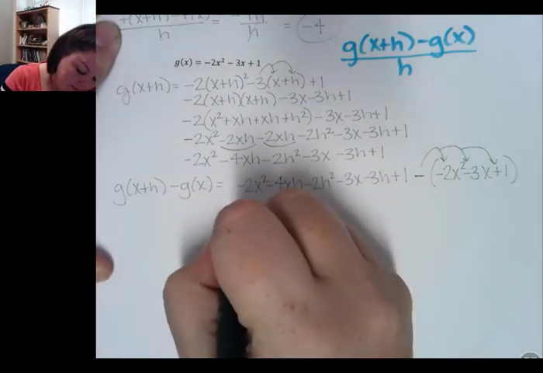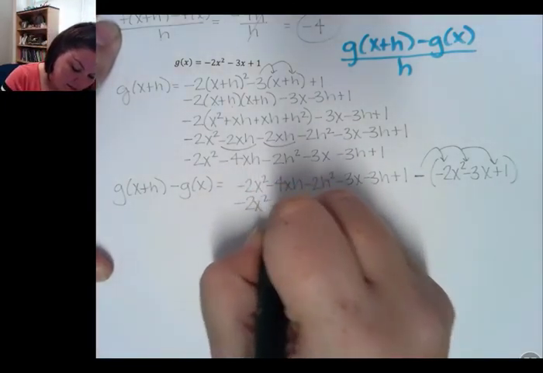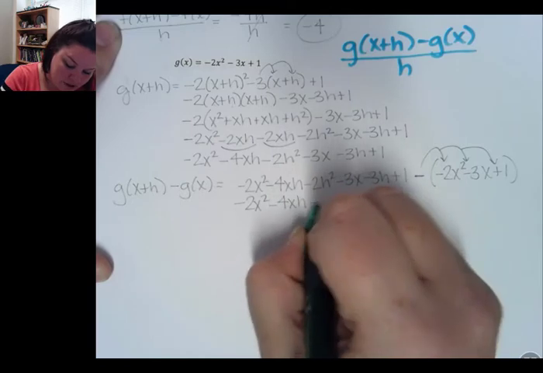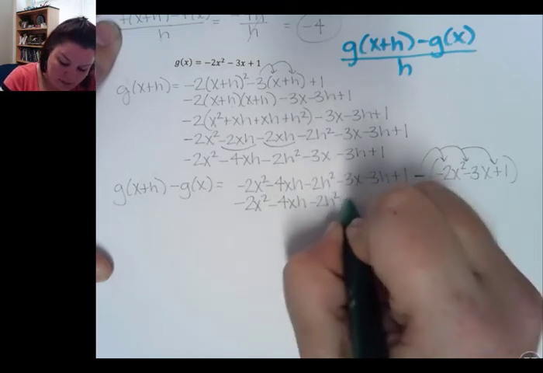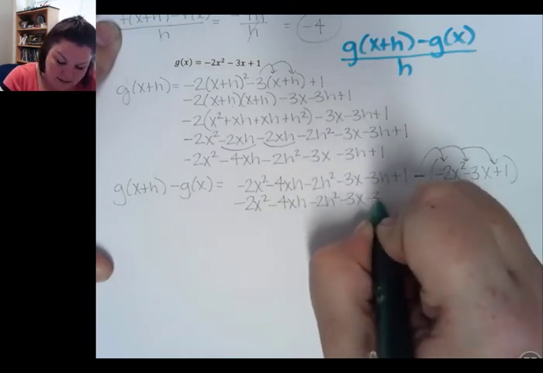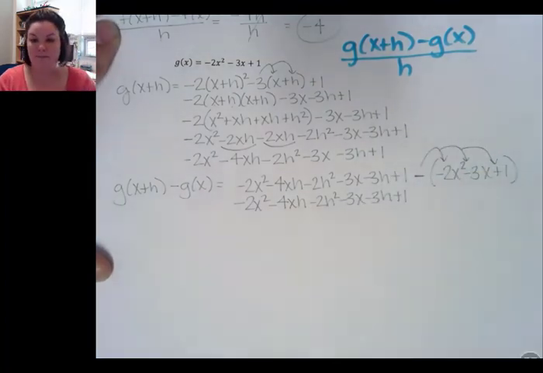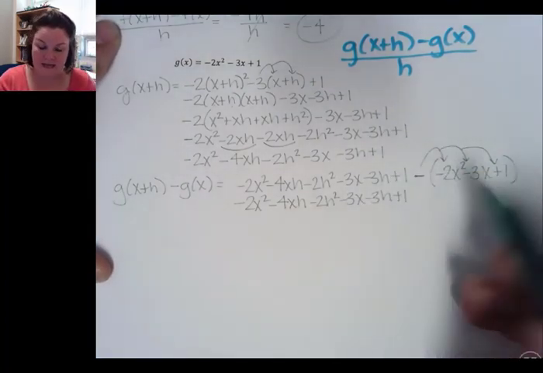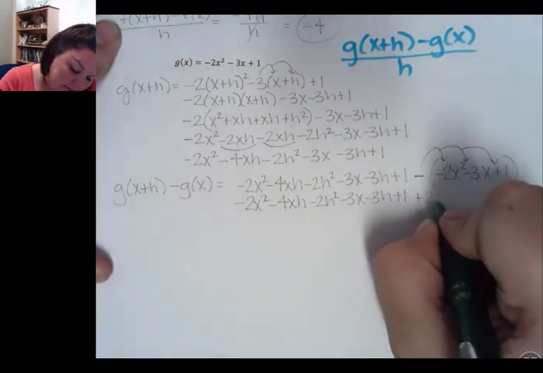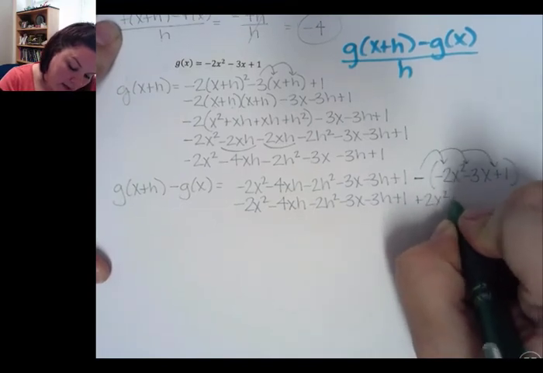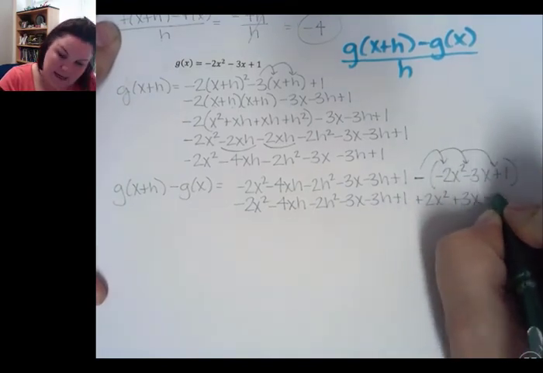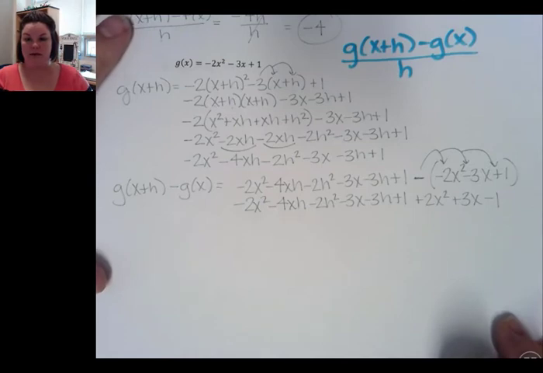Okay, so I still have -2x squared minus 4xh minus 2h squared minus 3x minus 3h plus 1. And then when I distribute that negative, that creates a positive 2x squared, a positive 3x, and a negative 1. Okay?